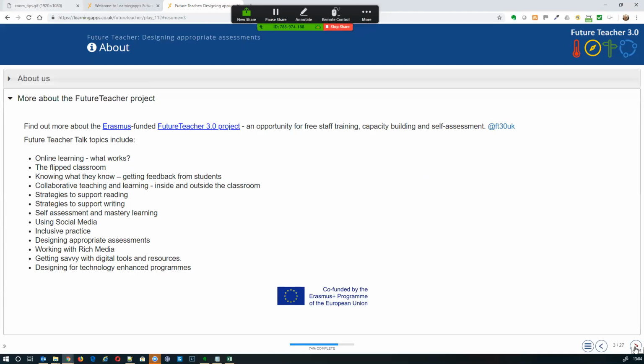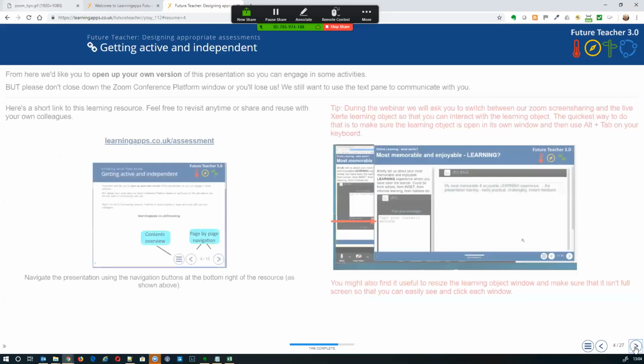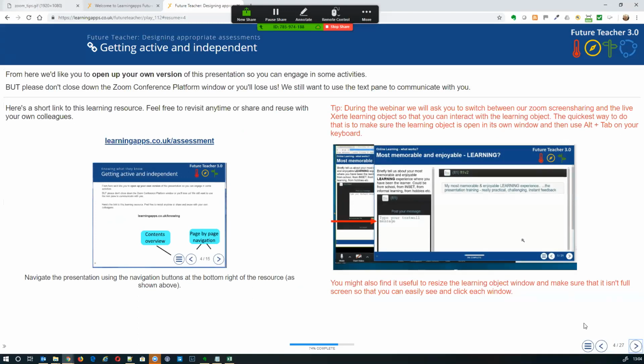That's about the existing resources, which you might like to come back and look at again if you aren't already familiar. But now is the time we'd like you, in the chat pane, there is going to appear learningapps.co.uk/assessment. If it's not there already, there we go. In fact, Ron's given you a slightly longer one. The learningapps.co.uk is the shorter one.